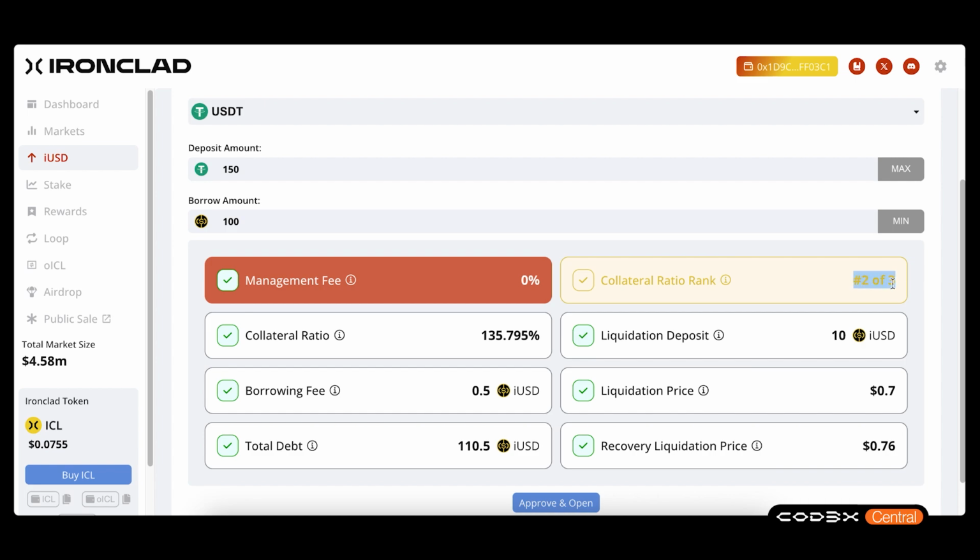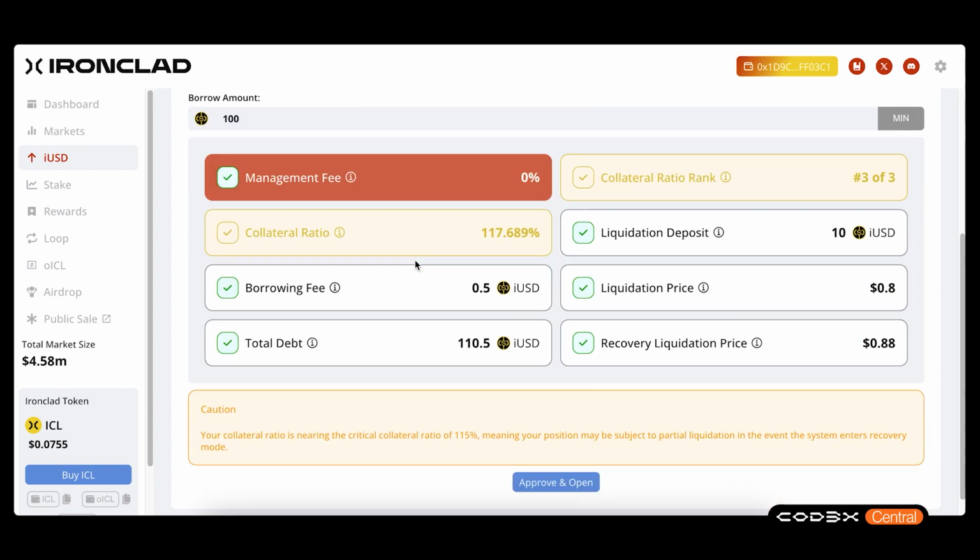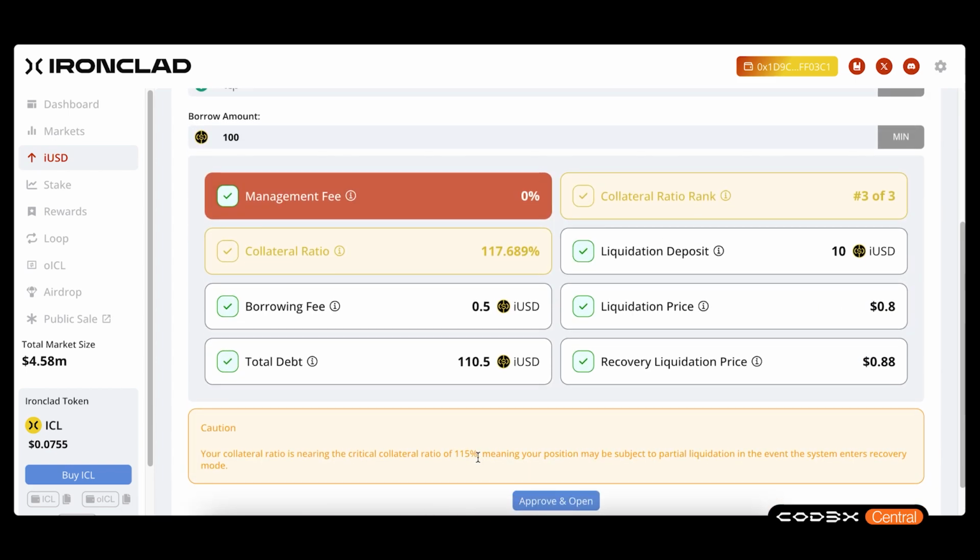I am number 2 of 3 open positions. If you are number 3, let's drop this down and see if I can get to number 3. There we go. It'll tell you this is the minimum collateral ratio, you're getting close. But I am now the least collateralized of the 3 USDT positions open.